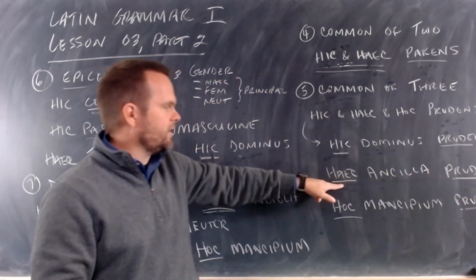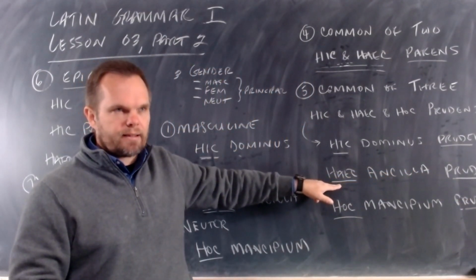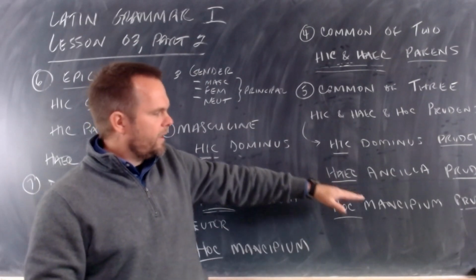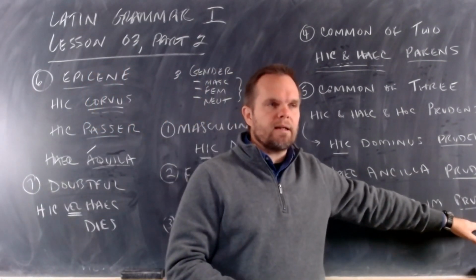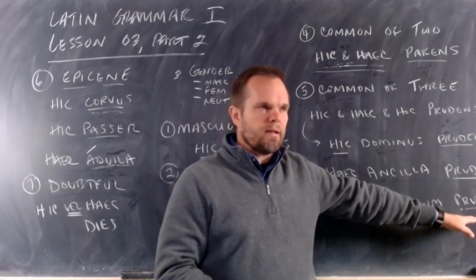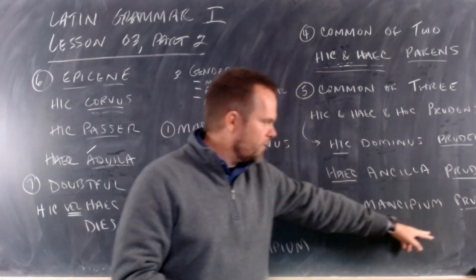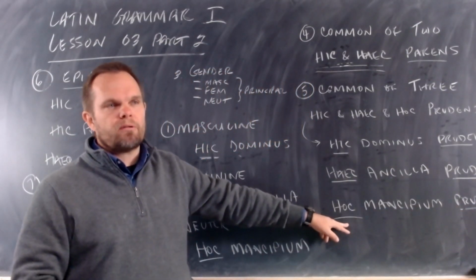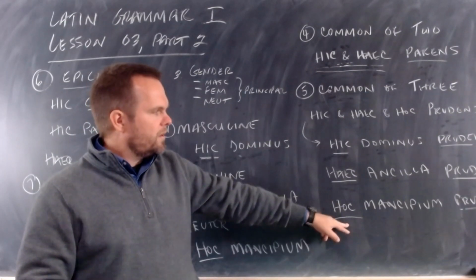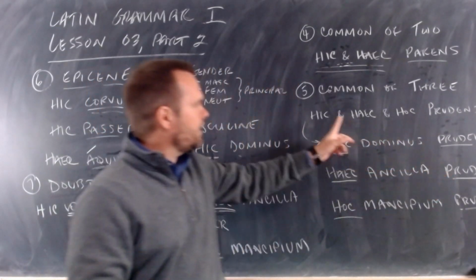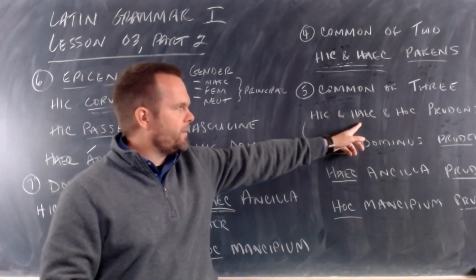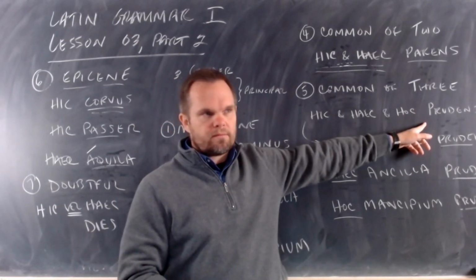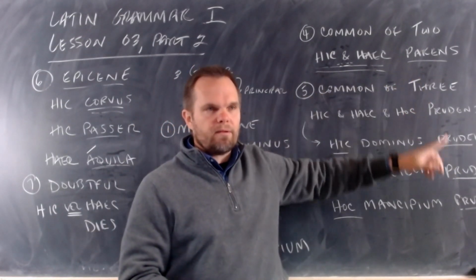Because it's preceded by the pronoun haec. Here we have hoc mancipium prudens. How do we know prudens is neuter? Because it's preceded by the pronoun hoc. Prudens is masculine and feminine and neuter. Common of 2, common of 3.